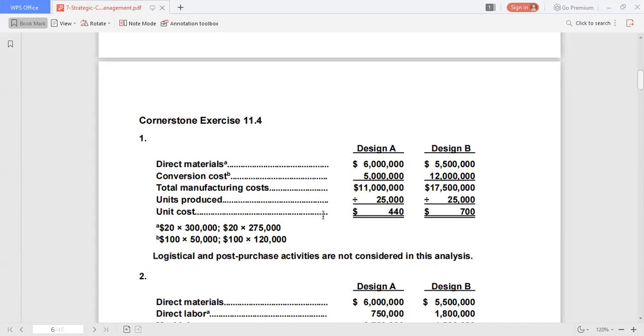Conversion cost is taken by multiplying 100 by 50,000 and 100 by 120,000. That's why you have 12 million. So the total manufacturing cost for designs A and B, and now we divide it by the units produced. Now we have the unit cost for design A is only 440, but for design B it's $700.